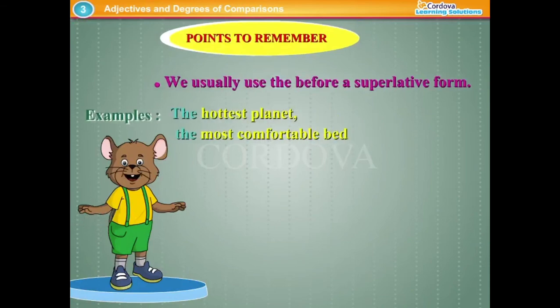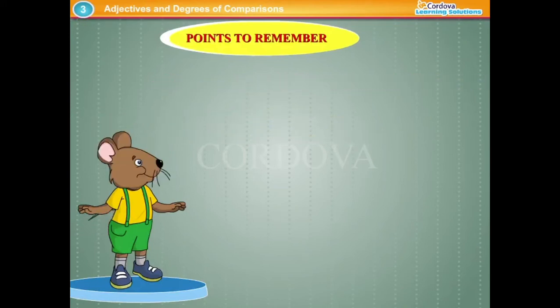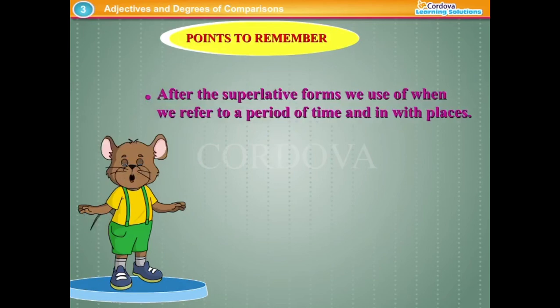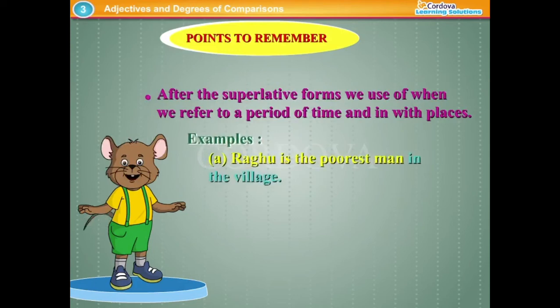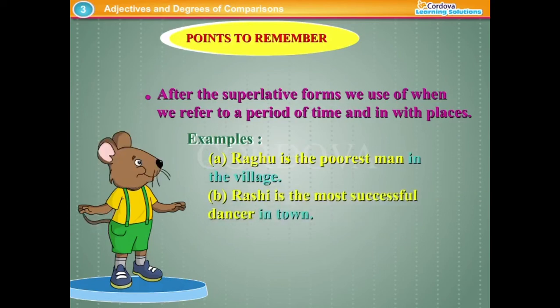Examples: The hottest planet, the most comfortable bed. After the superlative forms, we use of when we refer to a period of time and in with places. Examples: Raghu is the poorest man in the village. Rashi is the most successful dancer in town.